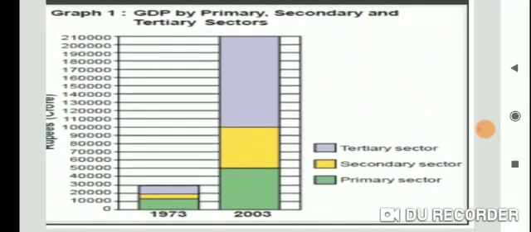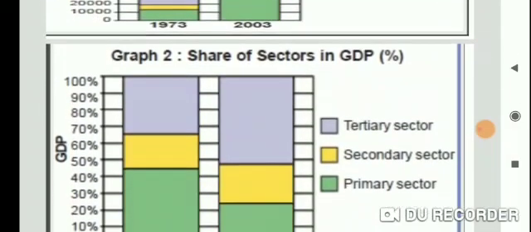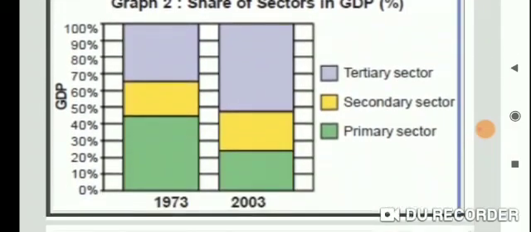Now see, student, this graph 1 shows rupees GDP of the primary, secondary and tertiary sectors. In 1973 it is very less; by 2003 the tertiary sector has increased, the secondary sector also increased, and the primary sector also increased. Now the second graph, share of sectors in GDP, shows that the tertiary, secondary and primary sectors are very developed, with increasing demand.